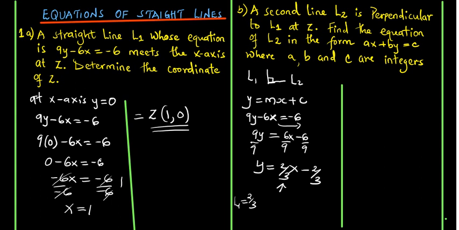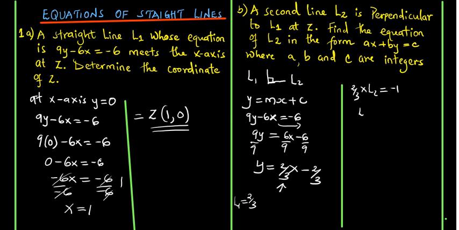And when we take the product of the two gradients, 2/3 multiplied by the gradient of line 2 should give us -1. According to the rule for perpendicular lines, we multiply both sides by the reciprocal of the fraction to get the value of the second gradient.